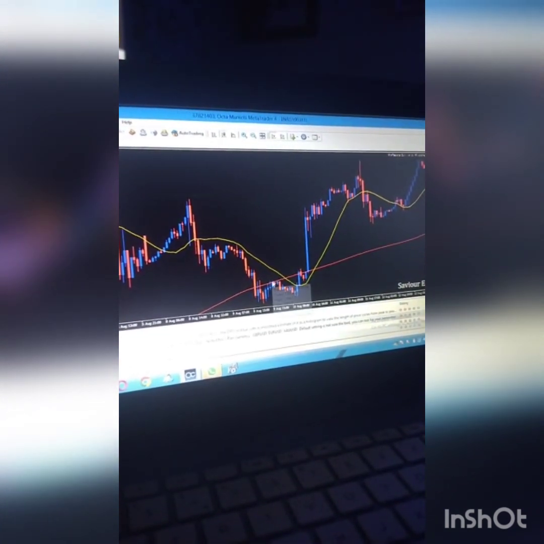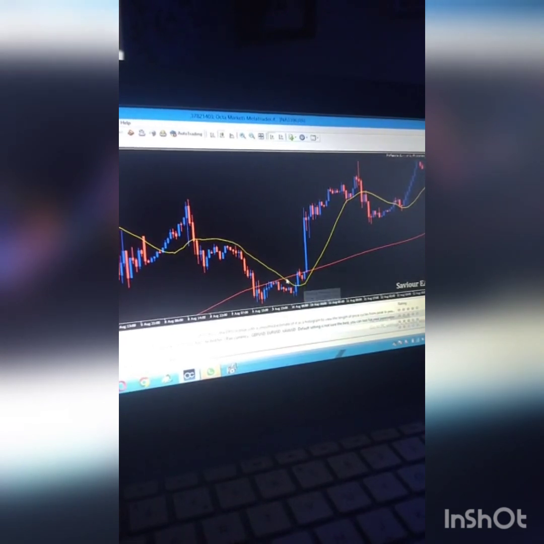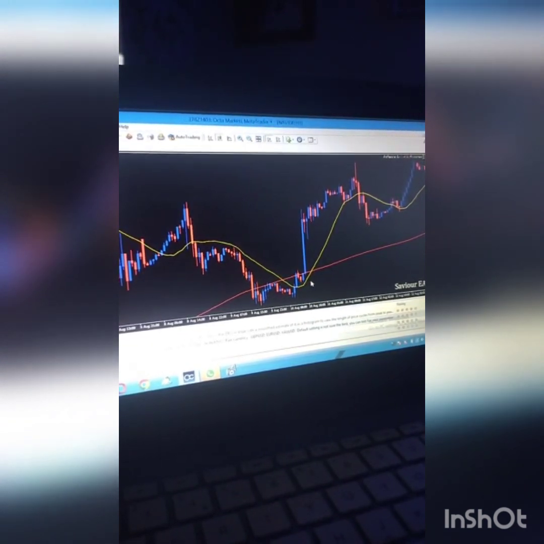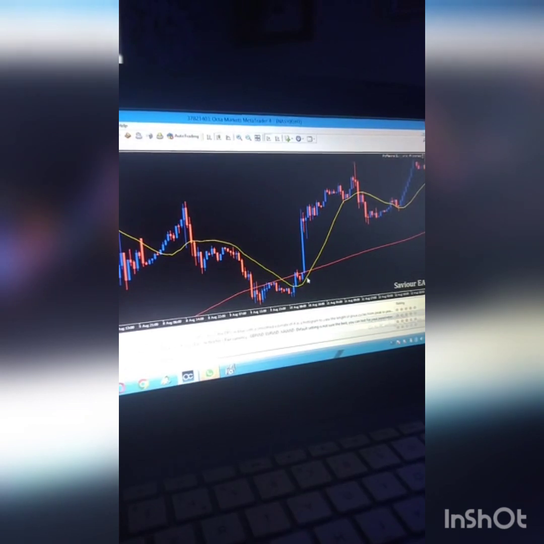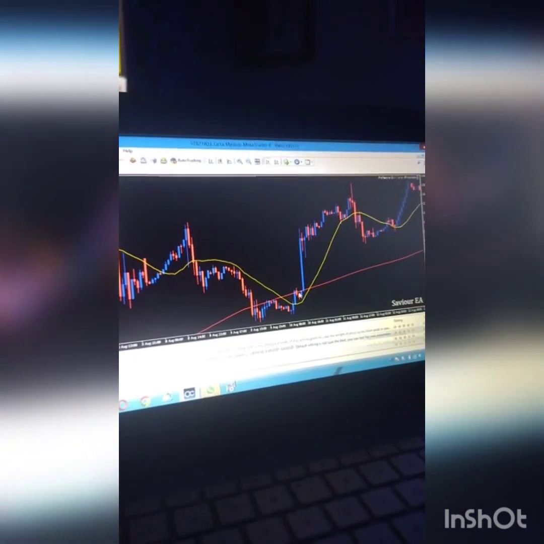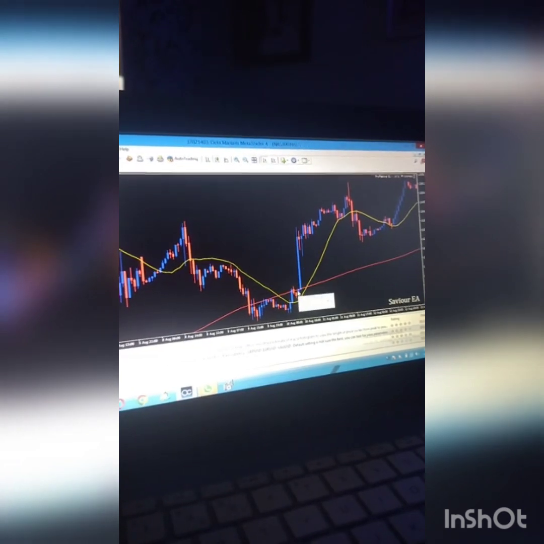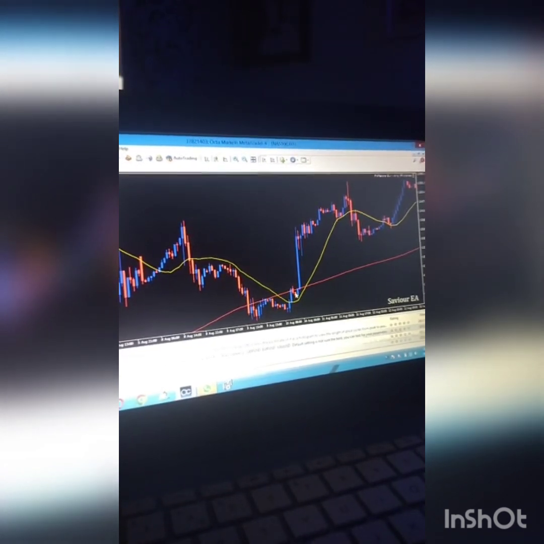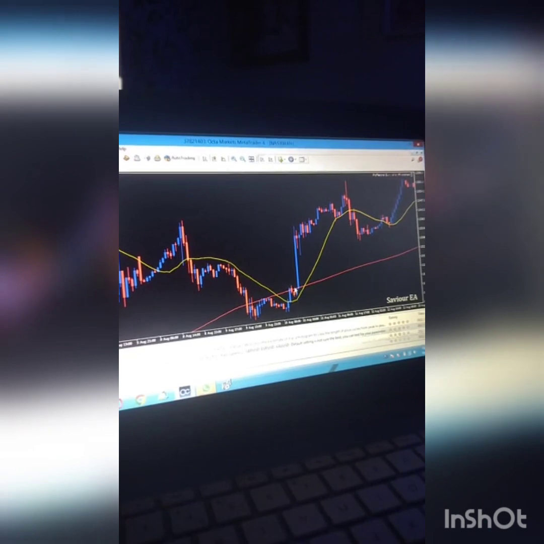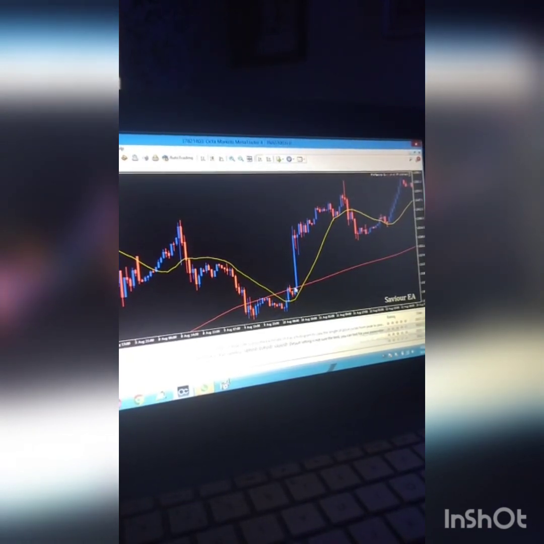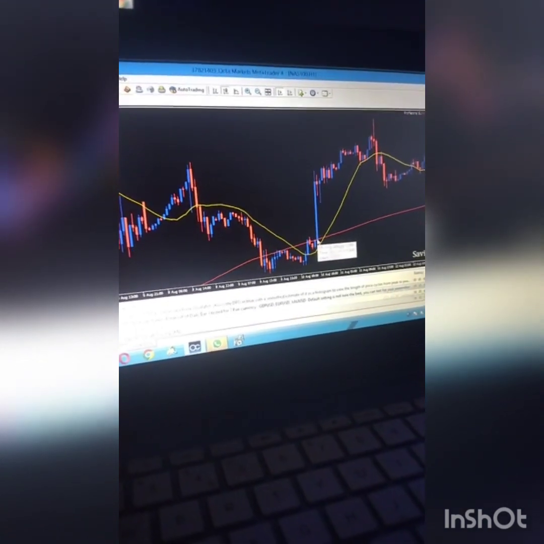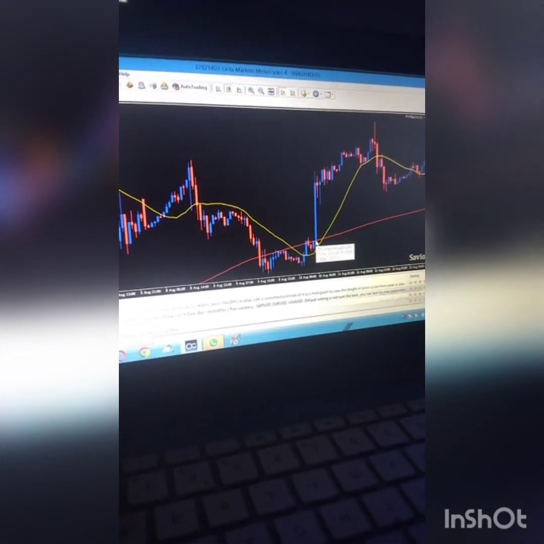But remember, moving average 20 is still below 200. But watch what happened here. You see this candlestick that takes out the previous red closed above moving average 200. It closed above moving average 200 slightly.